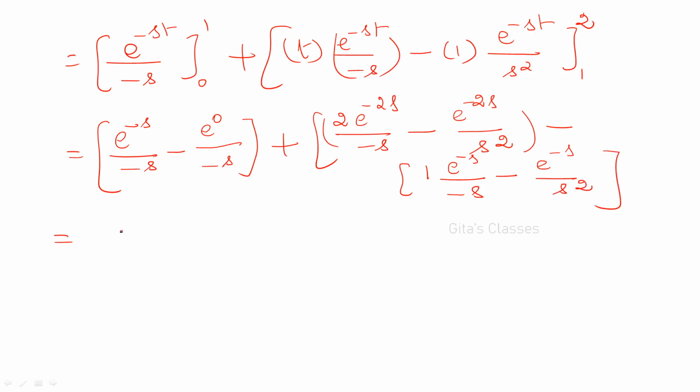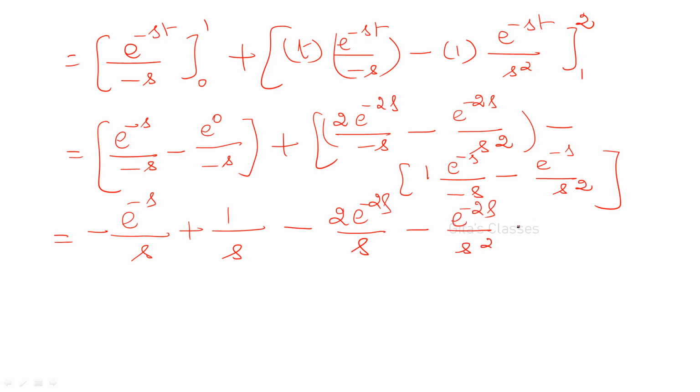So this is equal to minus of e^(-s) by s. This minus minus will become plus, and e^0 is 1, so it is 1 by s, plus 2 into e^(-2s) by s with a minus sign, then minus e^(-2s) by s squared. Then minus minus becomes plus, so plus e^(-s) by s. Again one more minus and minus becomes plus, so plus e^(-s) by s squared.